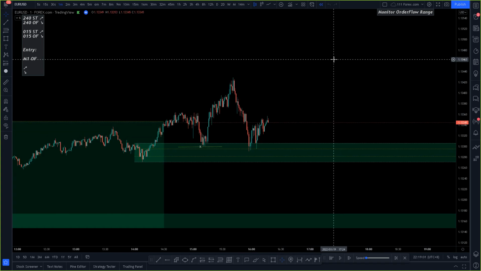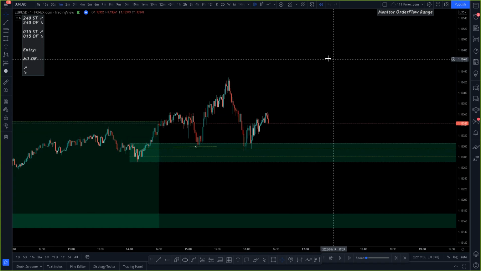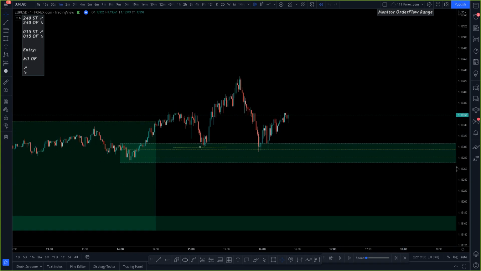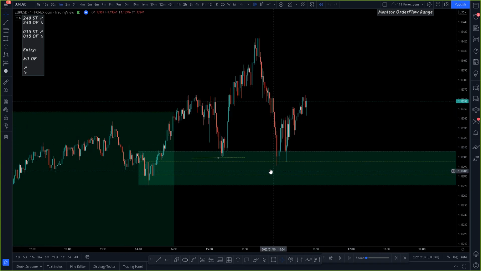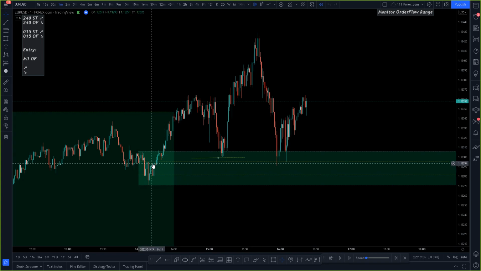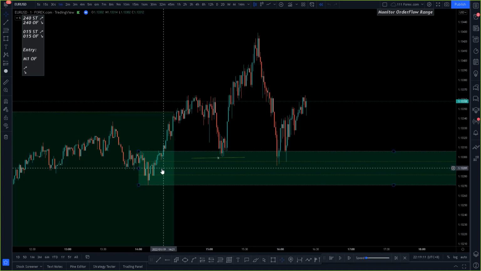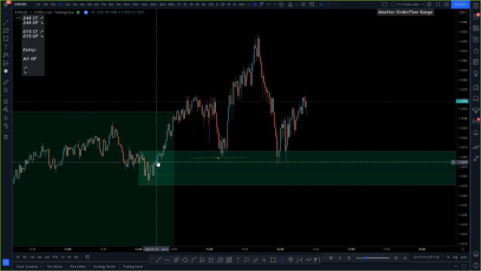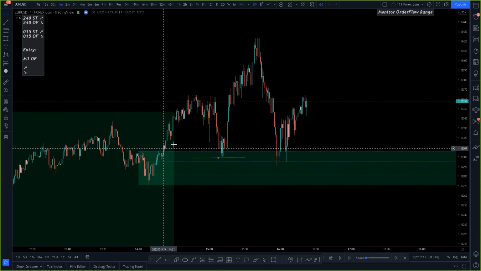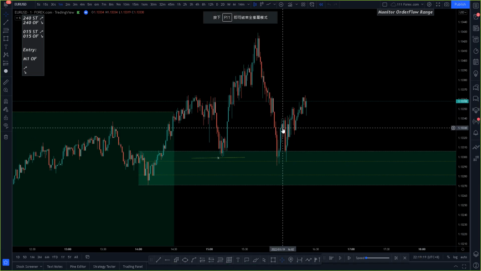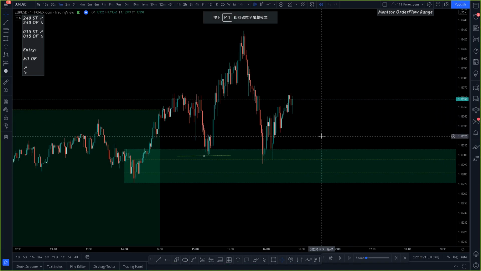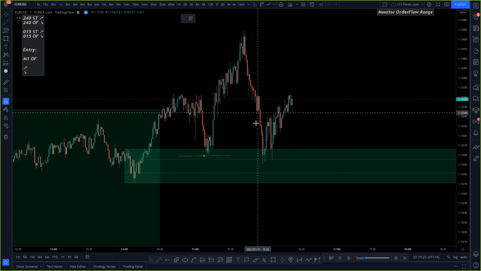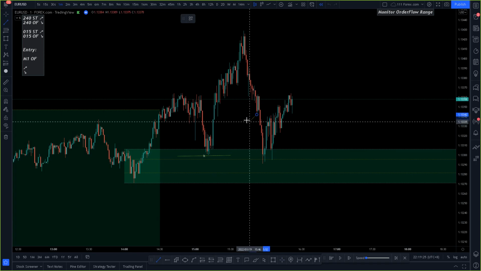Okay, cool. Let the price develop. So essentially here, it taps into this area. This one, let's break the high. Yep, essentially. So what do we do now?